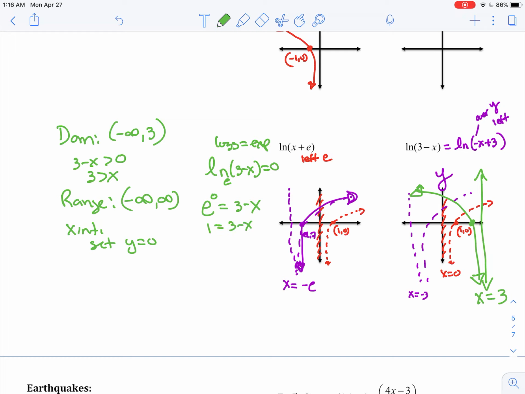Well, e to the 0 is just 1. And we know then that x is equal to 2.